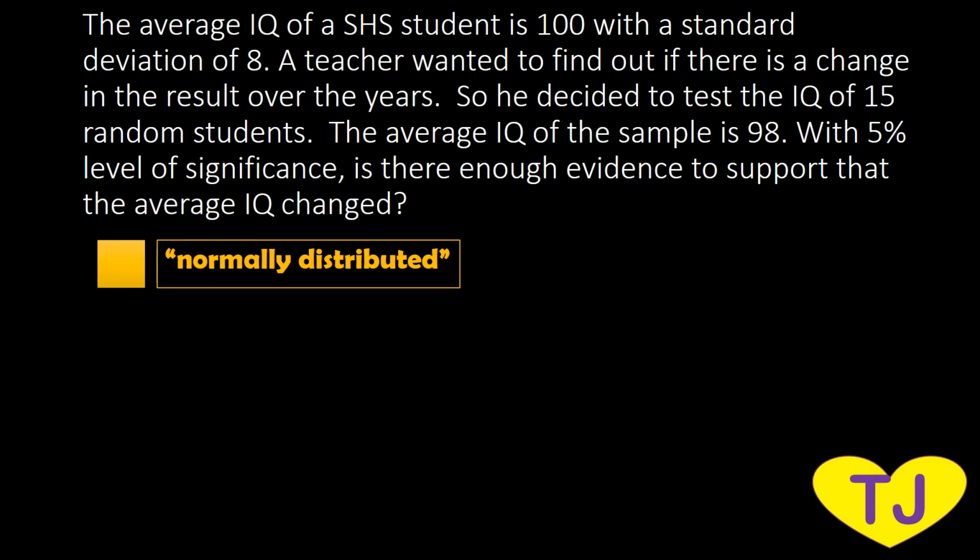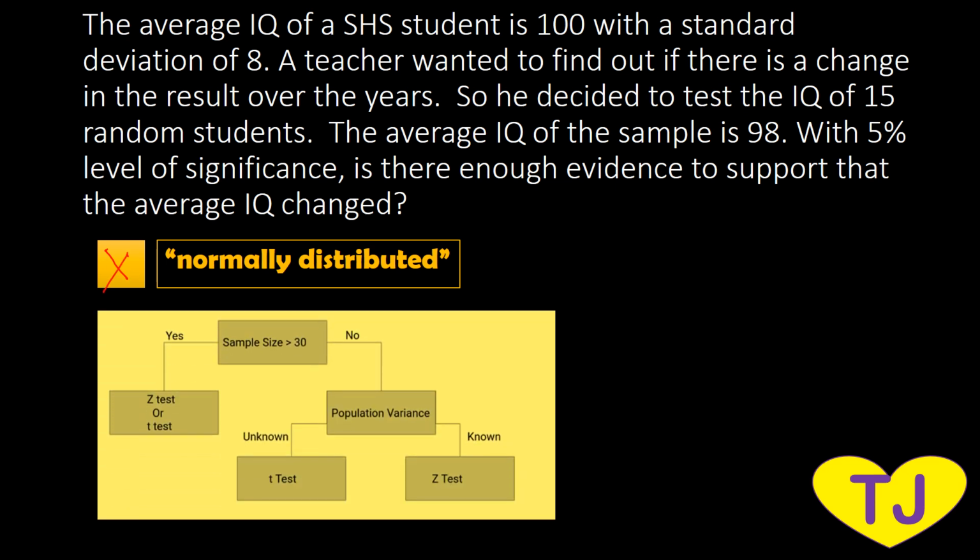Is there enough evidence to support that the average IQ changed? Now again, we have to look for the words normally distributed if that is present in your problem. If that is not present, we have to mark this one wrong. That means we have to make use of the diagram in determining the type of test.